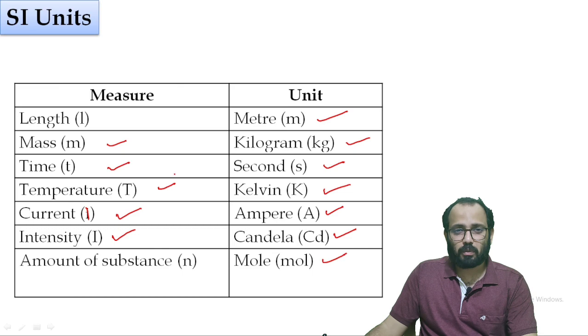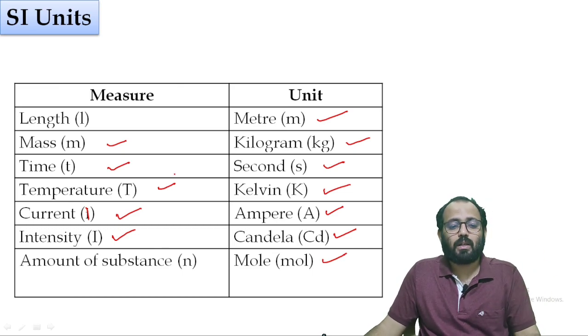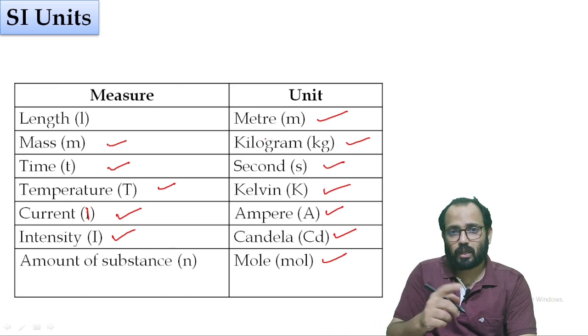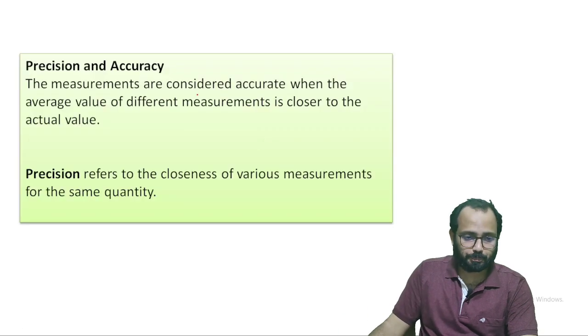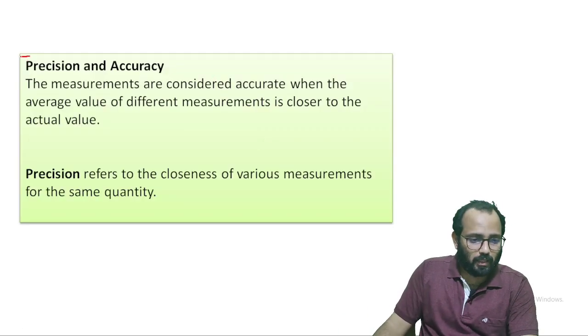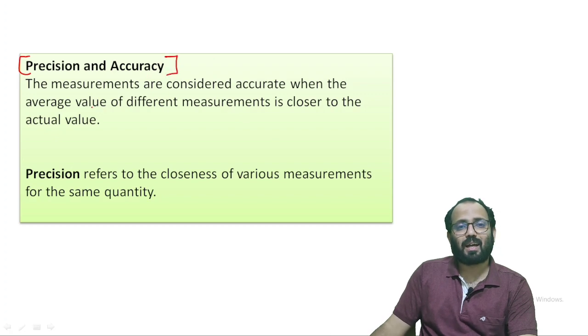These are the seven fundamental units, and we have a lot of derived units as well that you might have studied in your physics. Then comes another important part, precision and accuracy.